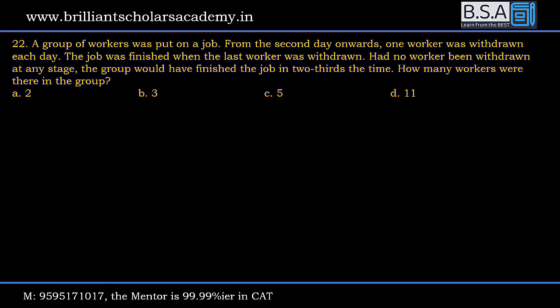The job was finished when the last worker was withdrawn. Had no worker been withdrawn at any stage, the work would have been finished in 2/3 of the time. How many workers were there in the group? Again, you're looking at a CAT replica. Give it a try. Take 2 minutes. Read everything carefully.